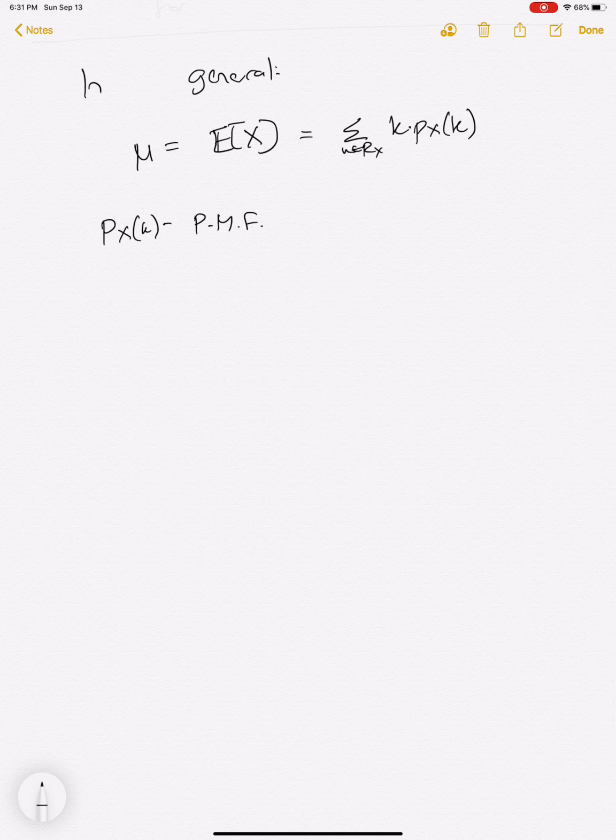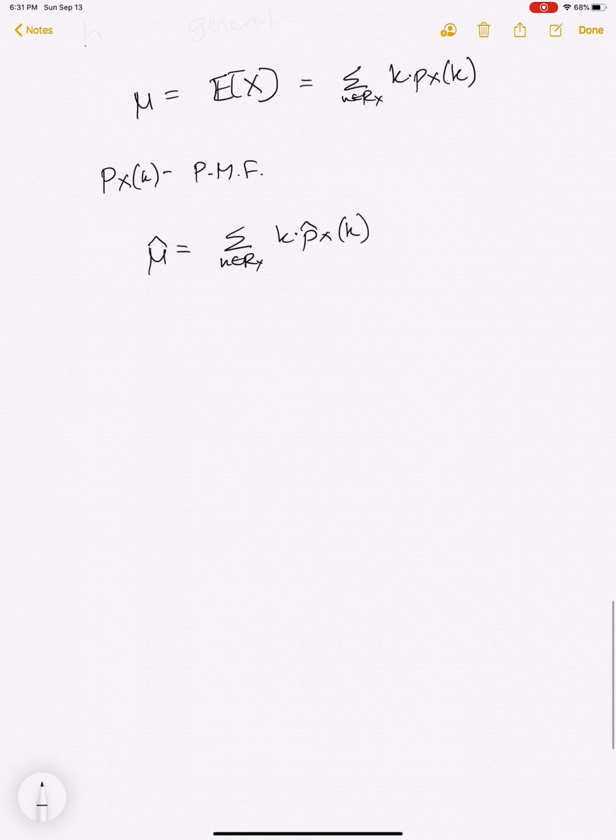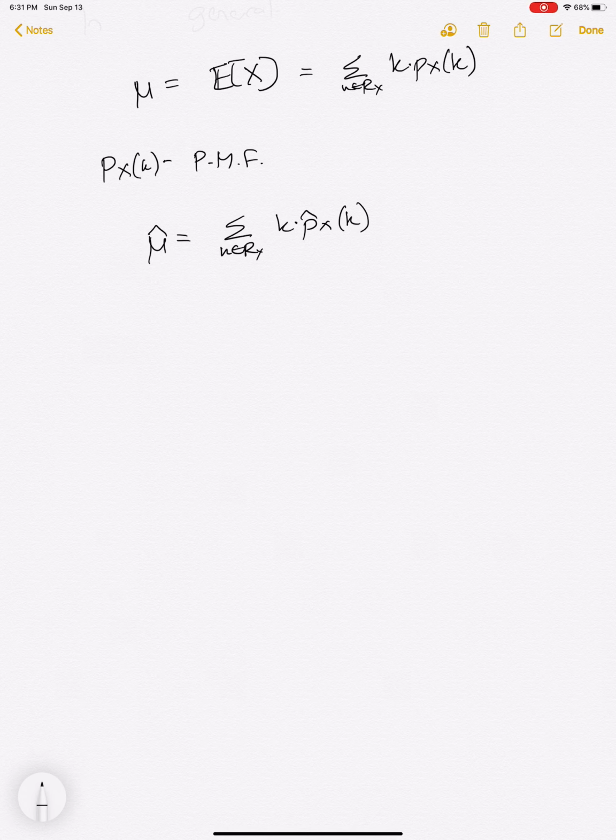Then by the plug-in principle, you can see that we're going to get that mu hat is just the sum of k times p hat x of k.